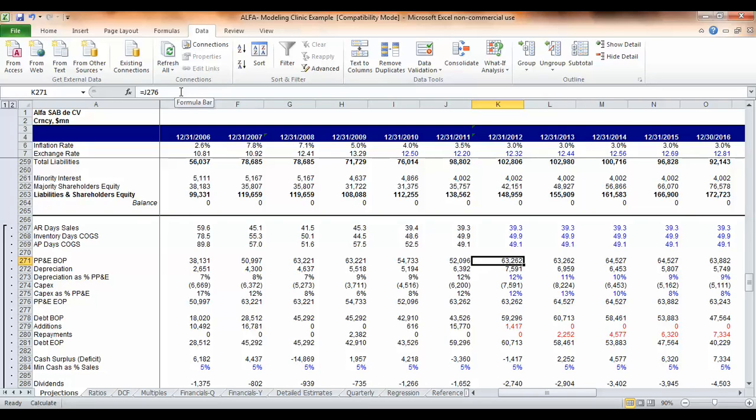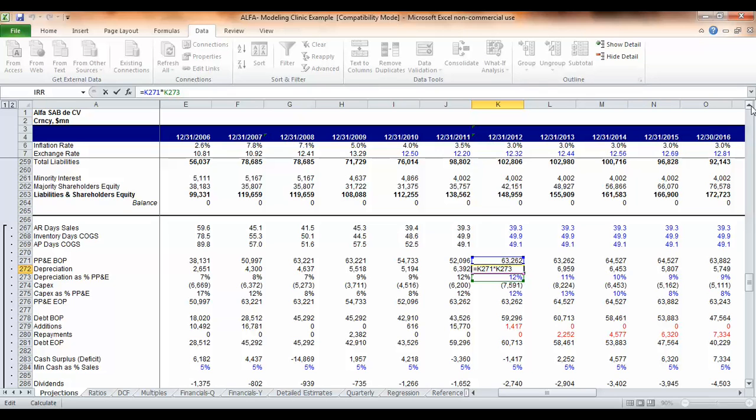We are making the assumption that the depreciation will be 12% of the asset base. That's why we're marking it in blue. So what we're doing is the previous year is the base, 12% is the assumption, multiply that base times 12%, and with that you calculate your depreciation. This figure, the depreciation, line 272, goes back, and I'm going to scroll up, goes back to your income statement.